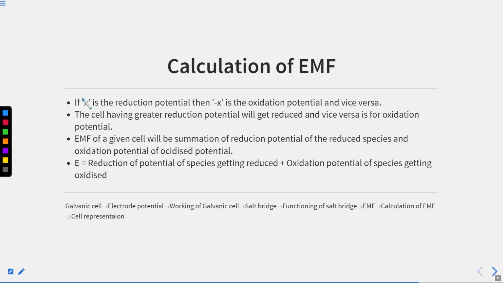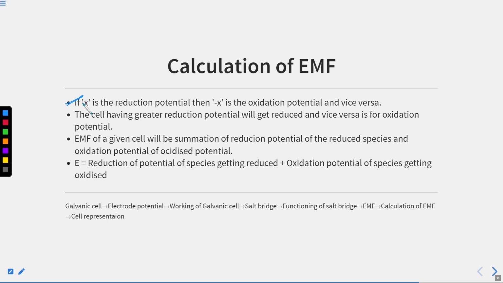Now, how will we decide, in a given cell, which one will get oxidized and which one will get reduced? Very simple. We compare the reduction potentials of both, or the oxidation potentials of both. If one has a greater reduction potential, then that substance will get reduced.